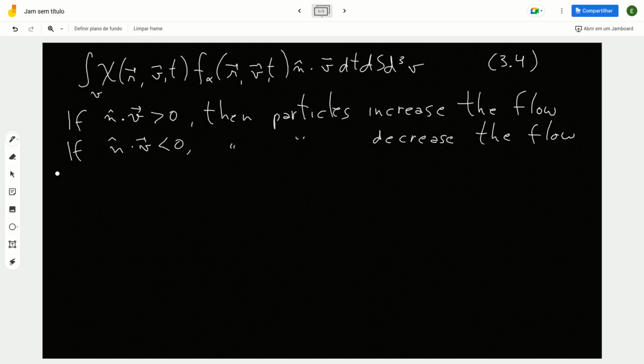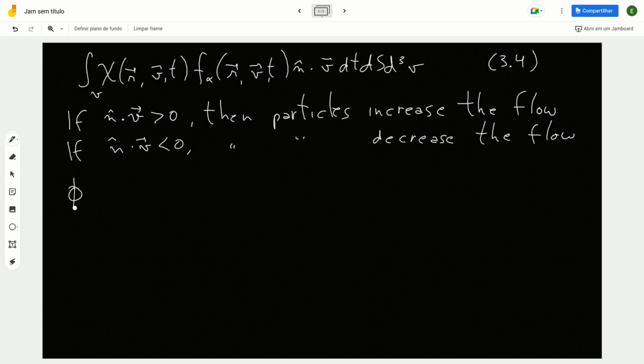The net amount of chi property per unit area and per unit of time will give the flow in the direction n. So we may compute this flow by taking 3.4 and dividing by dt and ds. So let's finally define the flow.